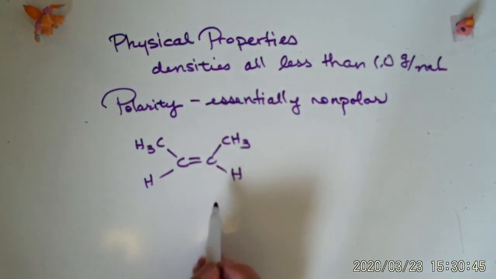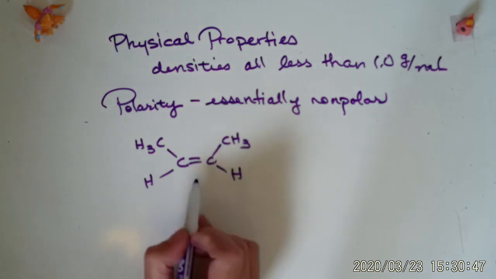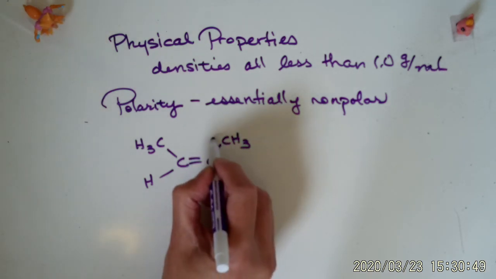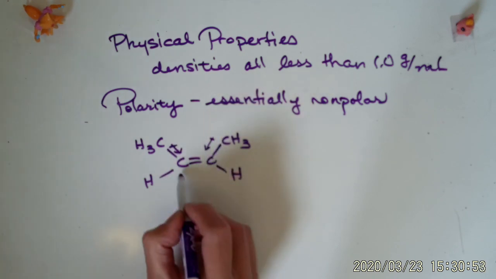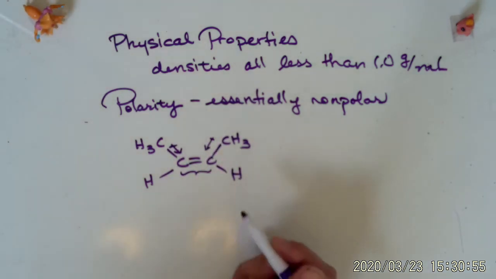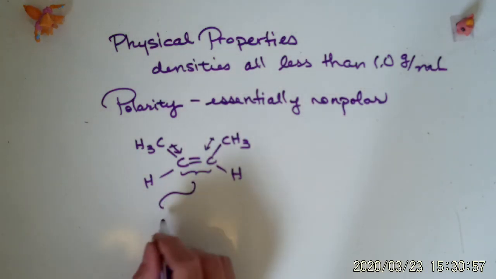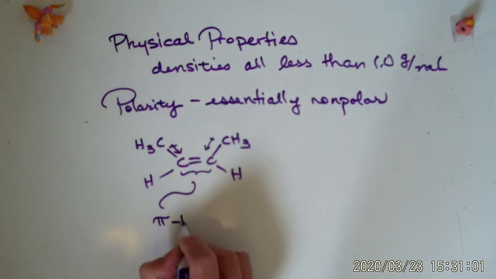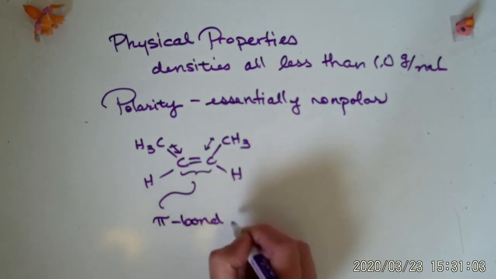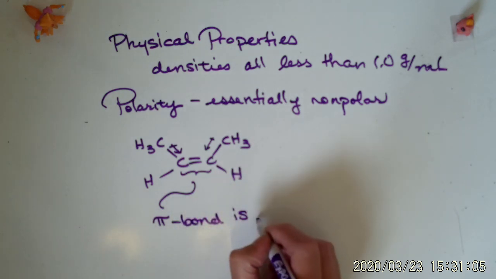Okay, so at most you only see a very small dipole, just because there's some pull to stabilize my double bond. And the reason is my pi bond is polarizable.